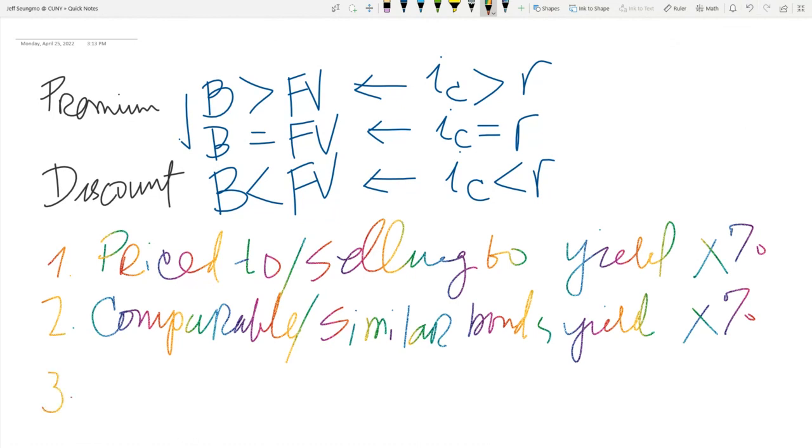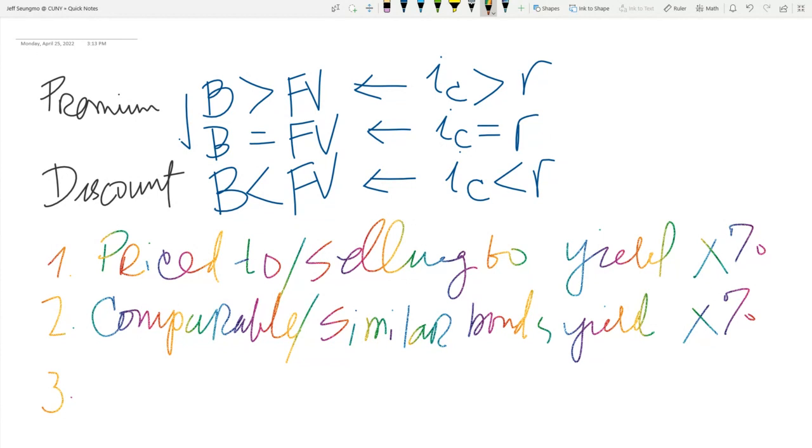Comparable bonds means the bonds of the same risk class. You understand bonds have all different risk ratings or credit ratings, right? AAA, AA, single A, triple B, double B. Those ratings are the credit scores of those bonds.